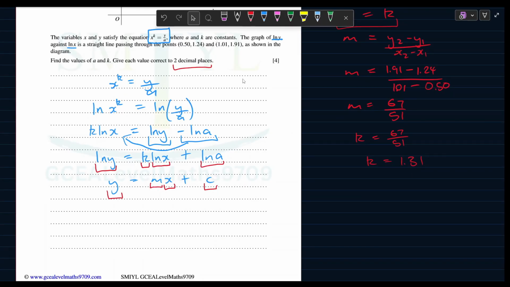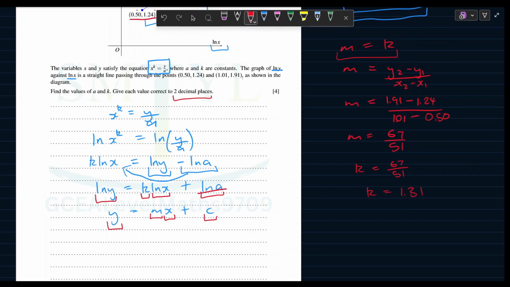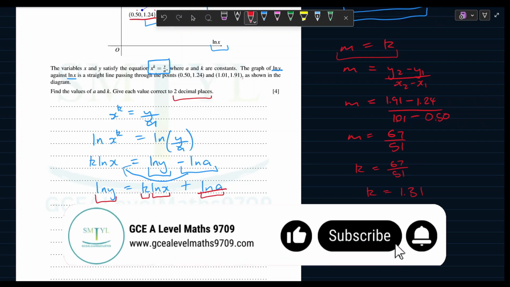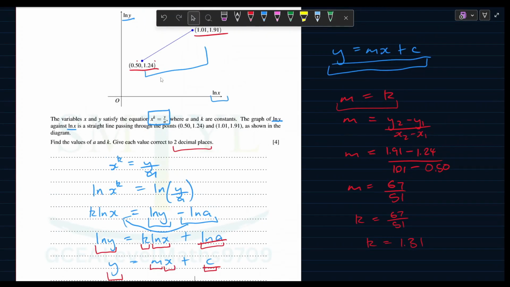Okay, now that we have k, we also need to find a. The way we're going to find a is, we know that ln a represents the y-intercept c. So we're going to approach this in essentially the same way that you would when you are looking for the y-intercept. You're going to use your gradient m as well as one set of coordinates for a point that lies on that line. For example, we could say that our set of coordinates is 0.50, 1.24.